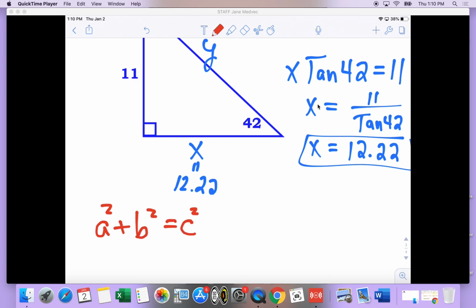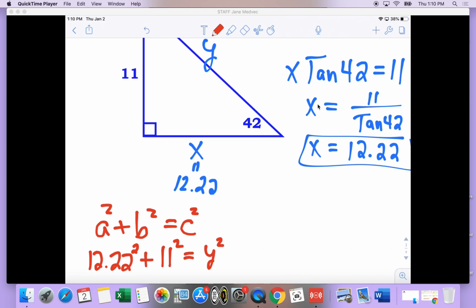What would be my a squared? Sure, I can do 12.22. What would be my b squared? It's my 11, yep, and my c squared I'm going to put in as y squared. Again, the c is my hypotenuse, and that is y.